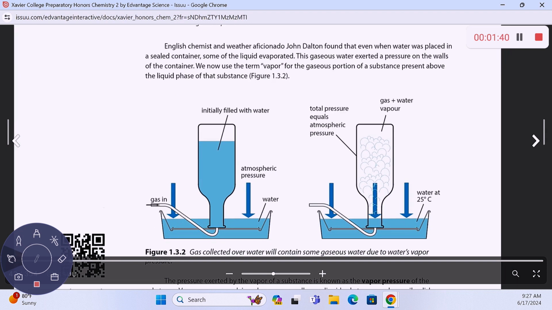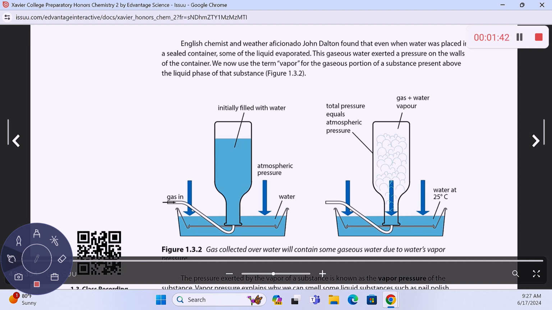John Dalton put water in a sealed container and he inverted it over itself and noticed that initially when it was filled with water, there wasn't any pressure above that water that was coming from water molecules that had evaporated. But over time, what happened was the water vapor accumulated above the liquid.